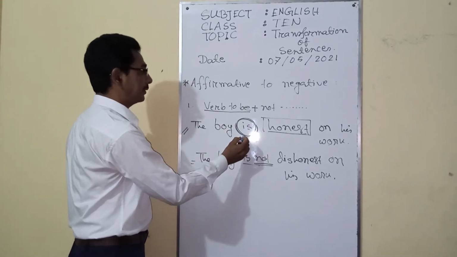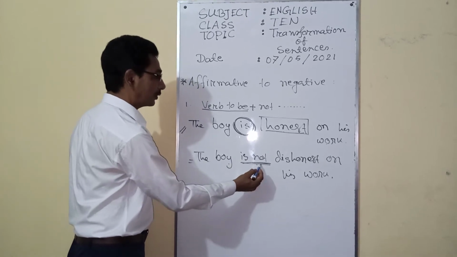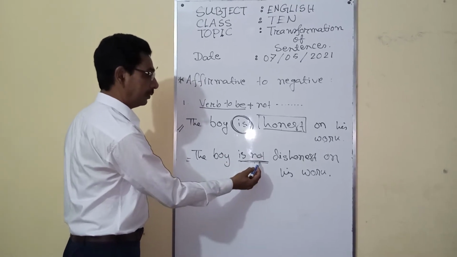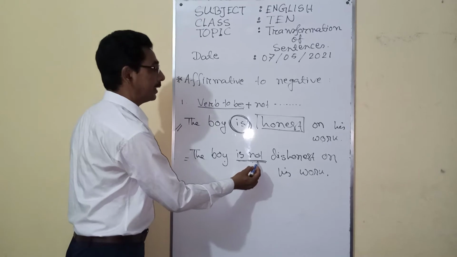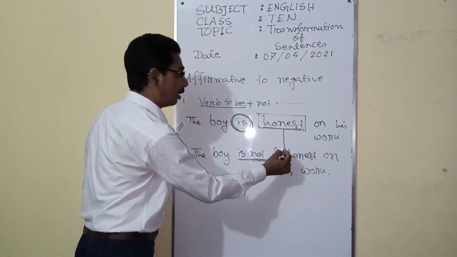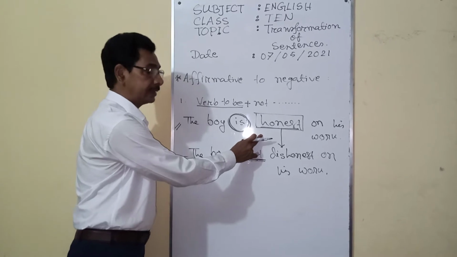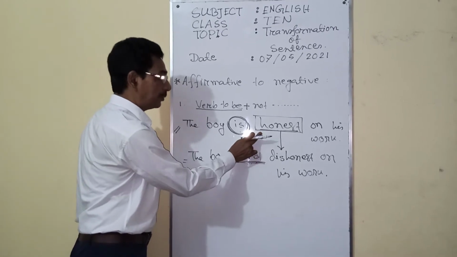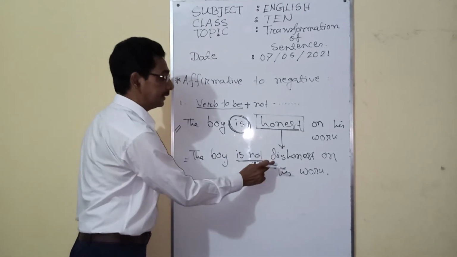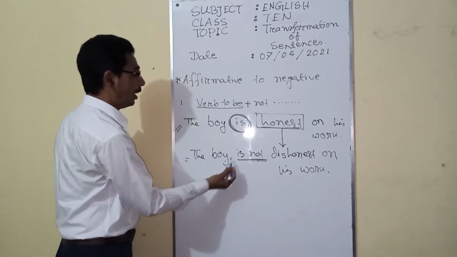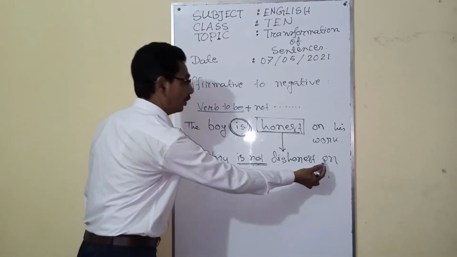You have to add a negative sign, not, after the auxiliary verb. Then you have to write down the opposite word of the adjective. The opposite word of honest is dishonest. So, the boy is not dishonest in his work.